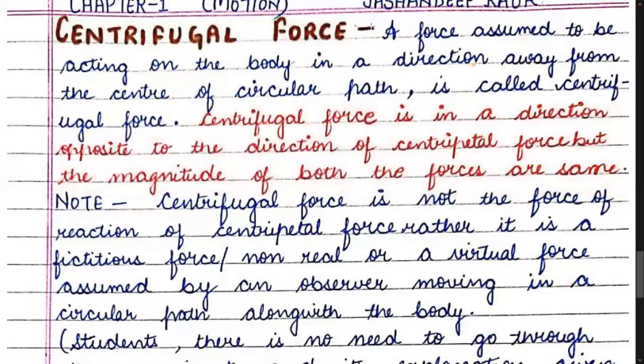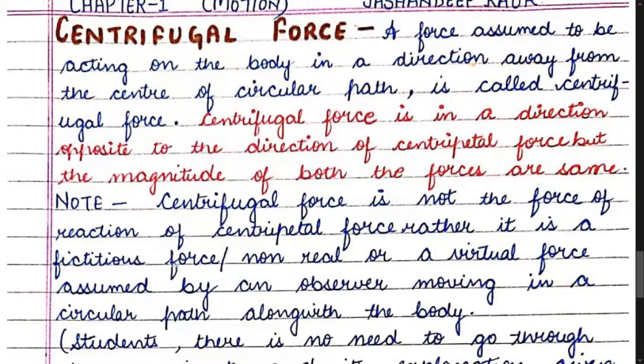Because it is not actually present. The force is assumed to be acting on the body in a direction away from the center of the circular path. It is going away, not near. So centrifugal force is not an actual force. It is just a reaction to centripetal force.